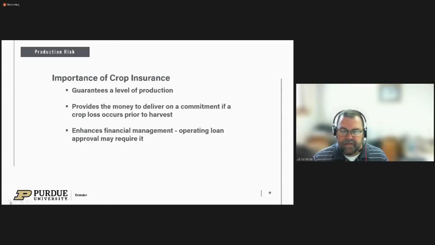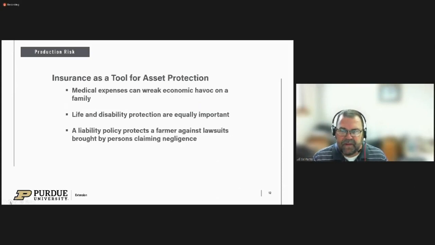So going ahead, why is insurance a tool for asset protection in general? And we think about the other types of reasons why you carry insurance. The medical expenses, I'm sure you've heard horror stories about how that can wreak economic havoc on a family.